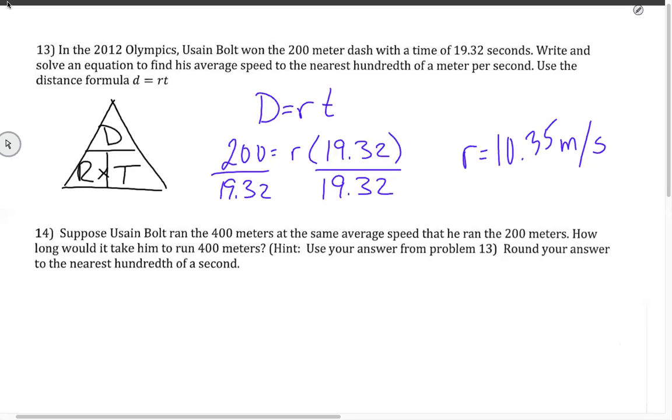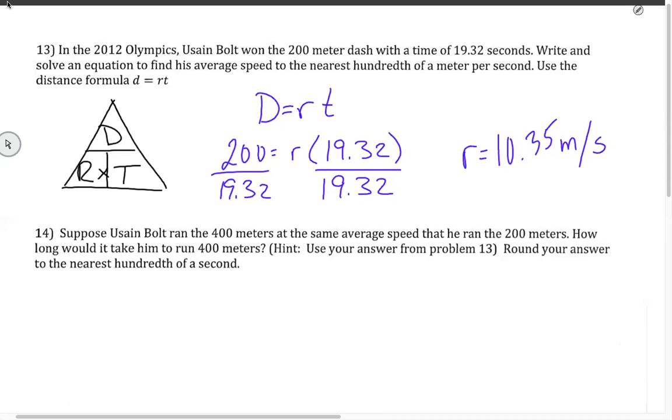Ready? Do you guys know how far a meter is? A meter is 3 blocks on the floor. Ready? So this is a meter. 1, 2, 3, 4, 5, 6, 7, 8, 9. So that's 9.